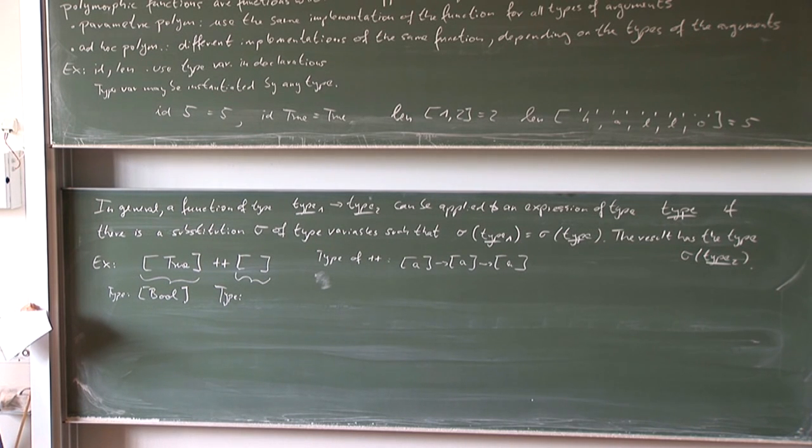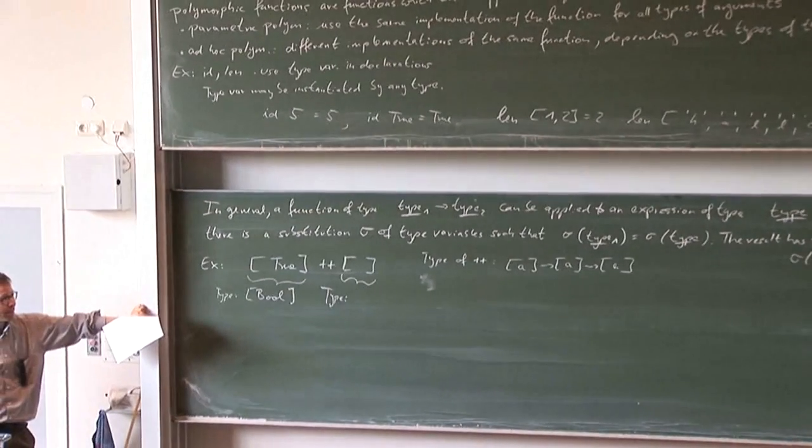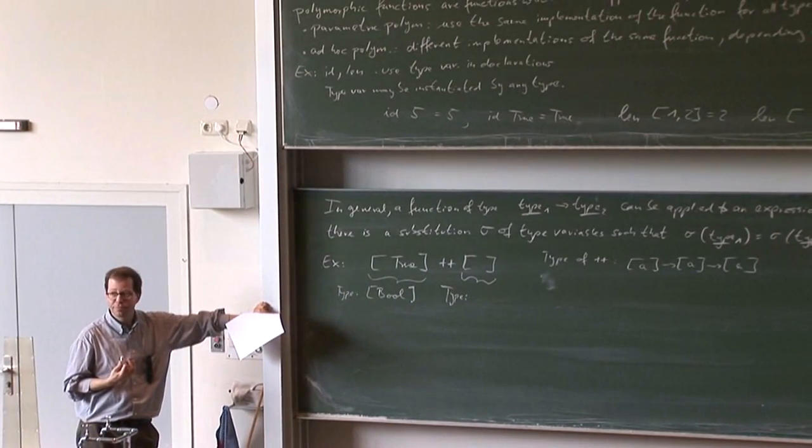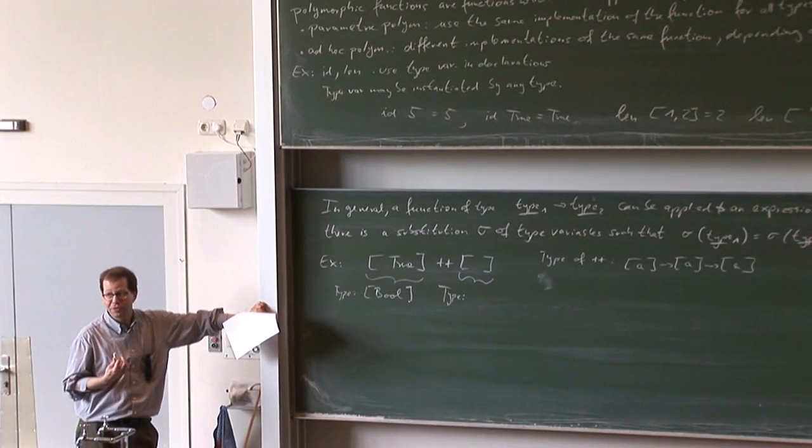List of Booleans too. Why is it list of Booleans? If you just take the empty list, how do you know that this is a list of Booleans? Because the function declaration is from list of A to list of A to list of A. Right. So this is what will come out indeed in the end.